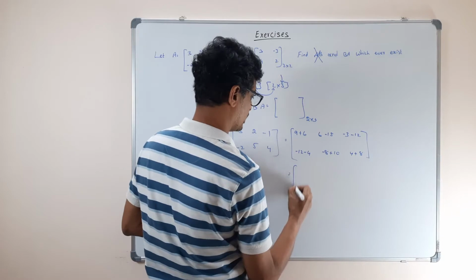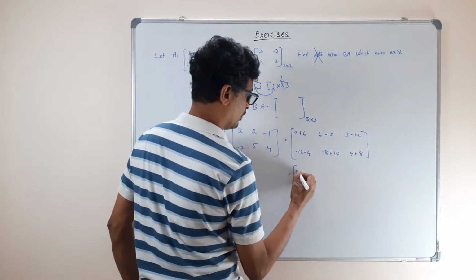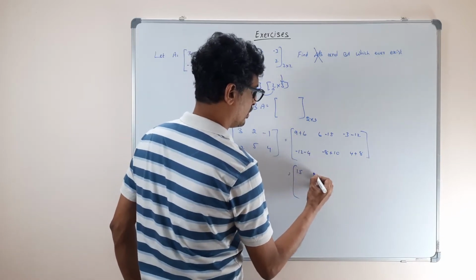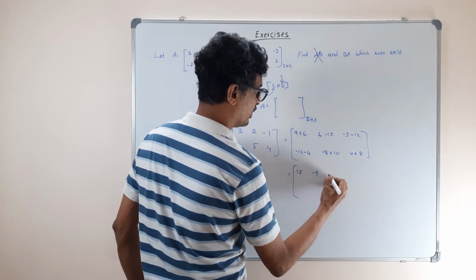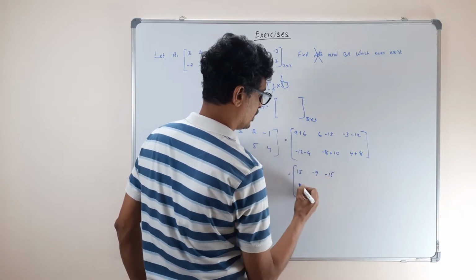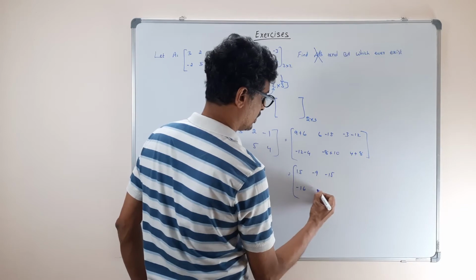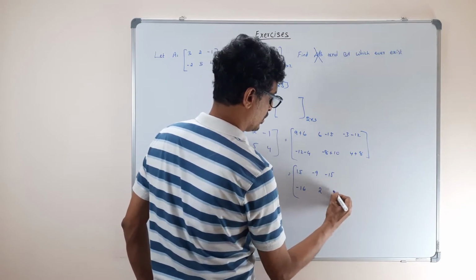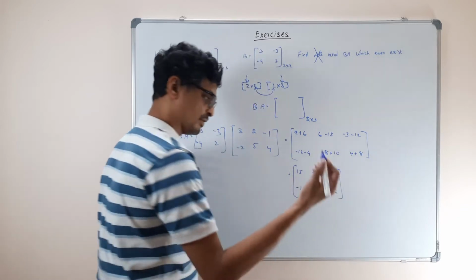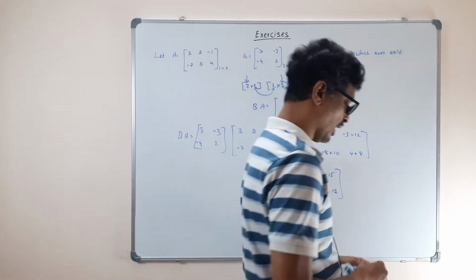So what will be the answer? 15, 9, minus 9, minus 15, minus 16, 2, 12. That's the answer. And AB doesn't exist.